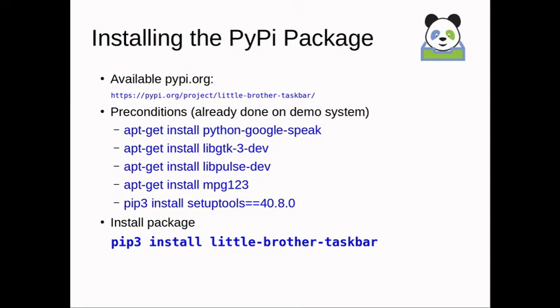You have to install at least 3 Debian packages: Python, Google Speak, libgtk3 development, libpulse development. I'm sorry, it's 4 packages, and mpg123, to be able to compile a Python package that is required by Little Brother Taskbar.